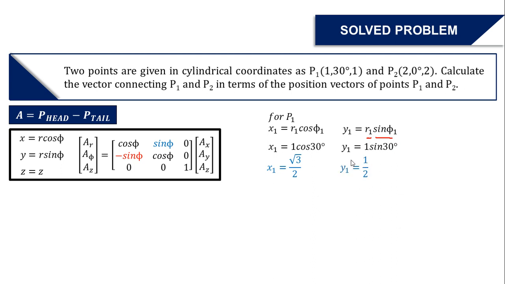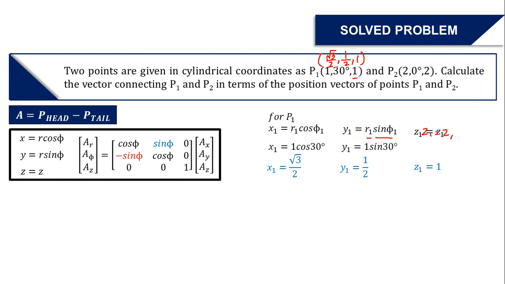Therefore, y sub 1 is 1 half. And of course, yung z natin, z sub 1 is equal to z sub 1. So, ano ba ang value ng z sub 1? 1. So, therefore, z sub 1 is equal to 1. Okay? So, we now have yung coordinates ng point 1.